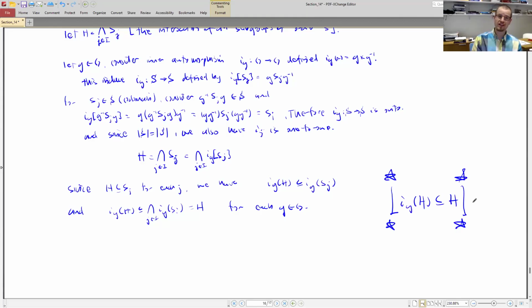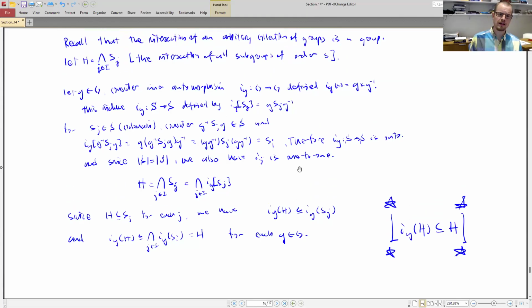I need to show subset containment the other direction. If you want to review this and see what details are important, I think that I may have actually included a couple things that are not necessary here. For example, I only needed onto in order to make this statement here. I didn't need one-to-one. Since H is a subset of S_j, I certainly am going to get all of this, but I needed this equality in order to make this subset containment, right?